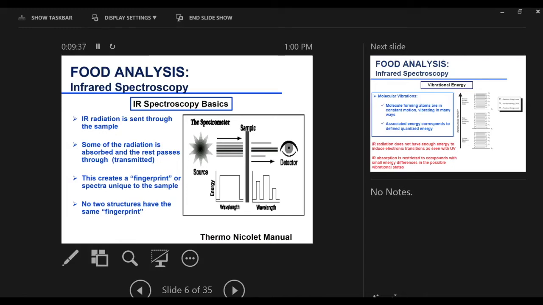Okay? And the spectrum is unique. The IR spectrum of each compound is different, because each functional group absorbs light differently and has different vibrations. Because of that, you have a very unique IR spectrum, a kind of fingerprint for every type of molecule.